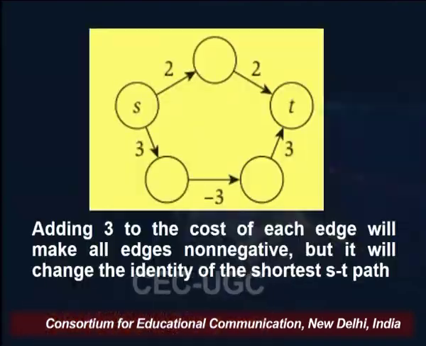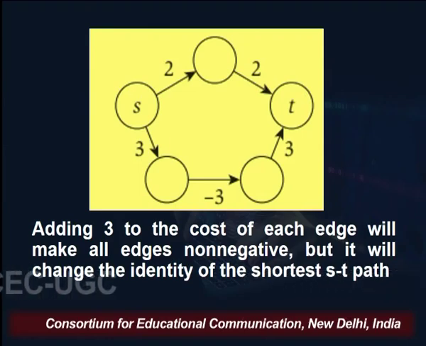Now, for example, we have a graph in which someone says, can we do something, let us operate on each edge weight with a minimum number, so that every negative weight is converted to positive.